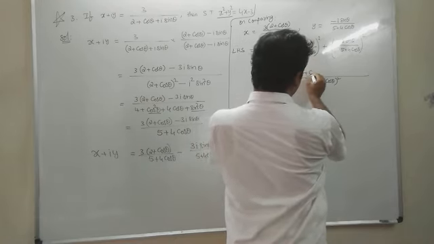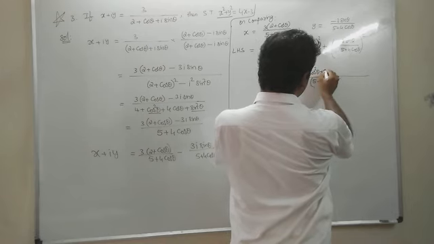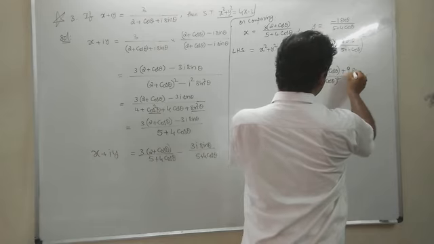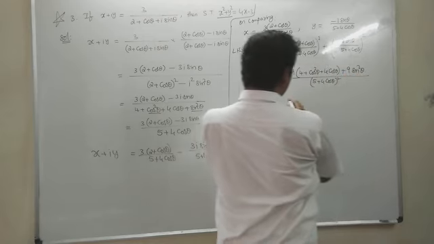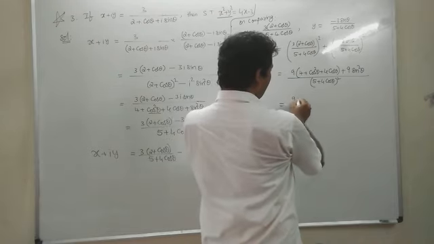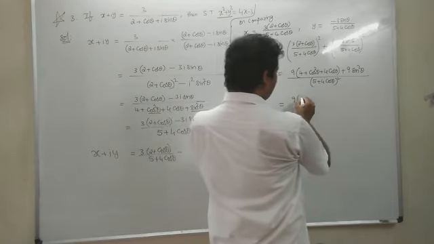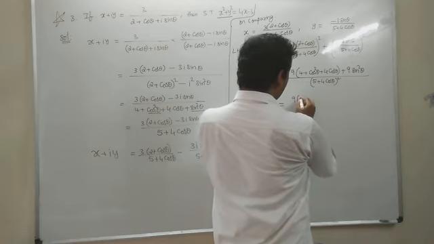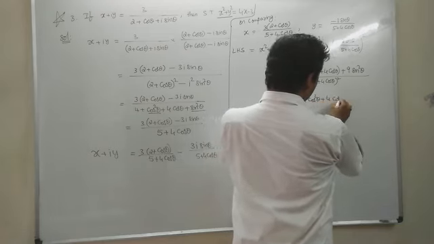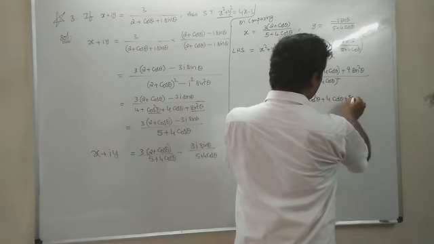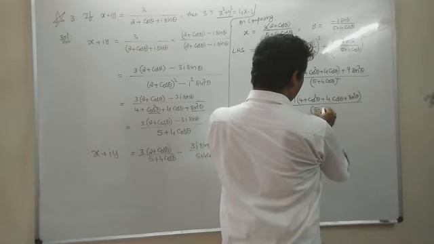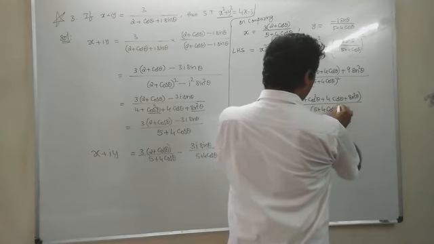4 plus cos square theta plus 4 cos theta, plus 9 sin square theta. Now from the numerator take 9 common: 1 plus 4 plus cos square theta plus 4 cos theta plus sin square theta, by 5 plus 4 cos theta whole square.